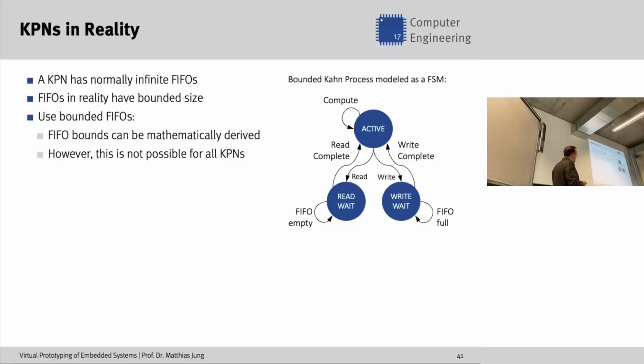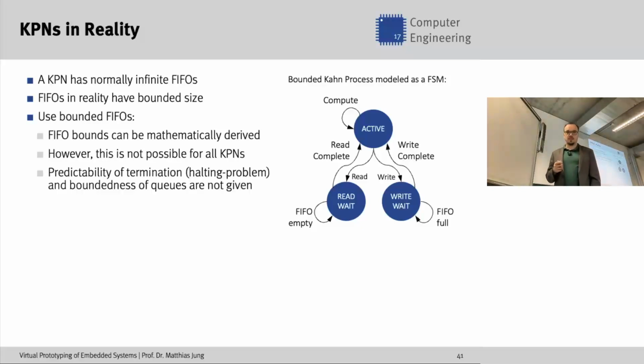However, this is again not possible for all KPNs, as you have already probably thought of. And we have the same thing as for every Turing machine, we have the halting problem. So for some it works, but sometimes it doesn't work. Yeah?